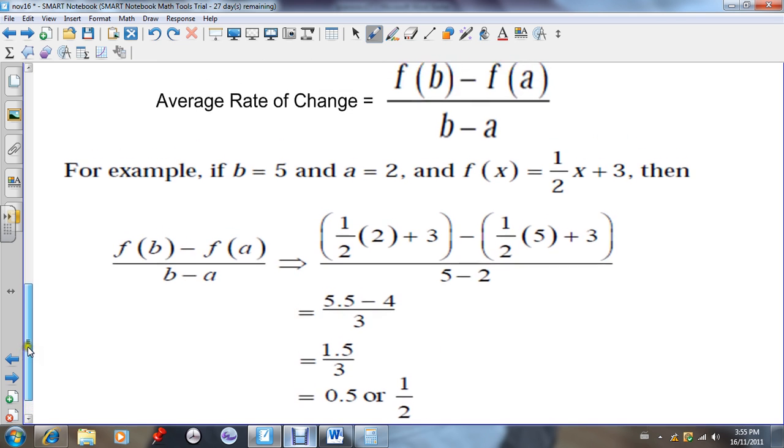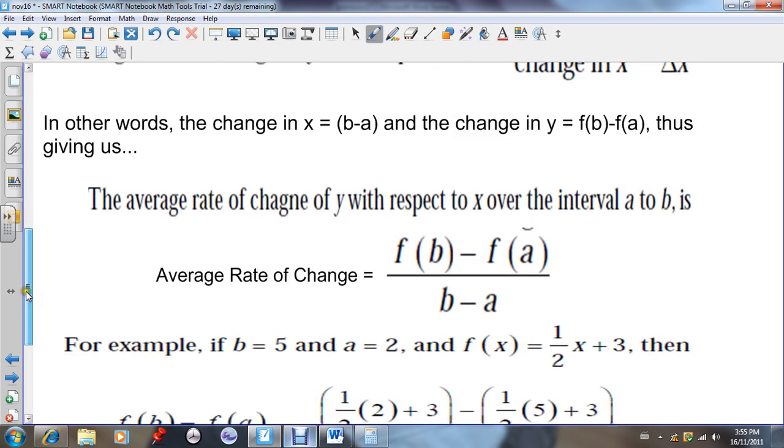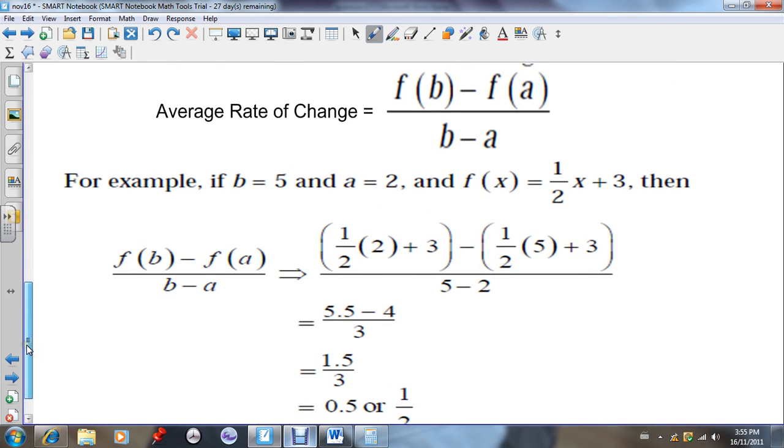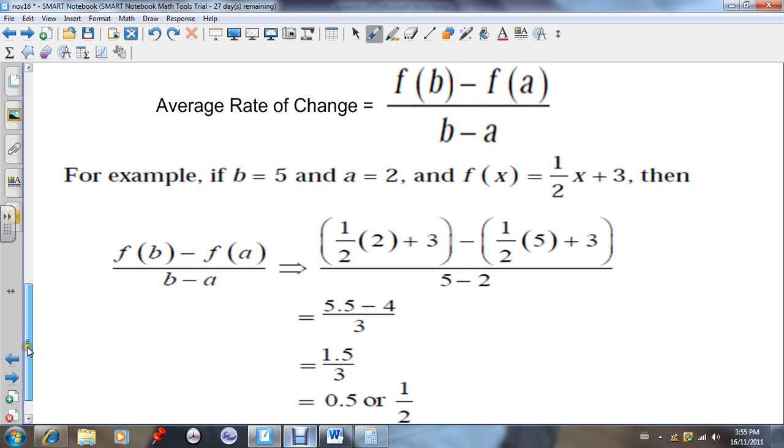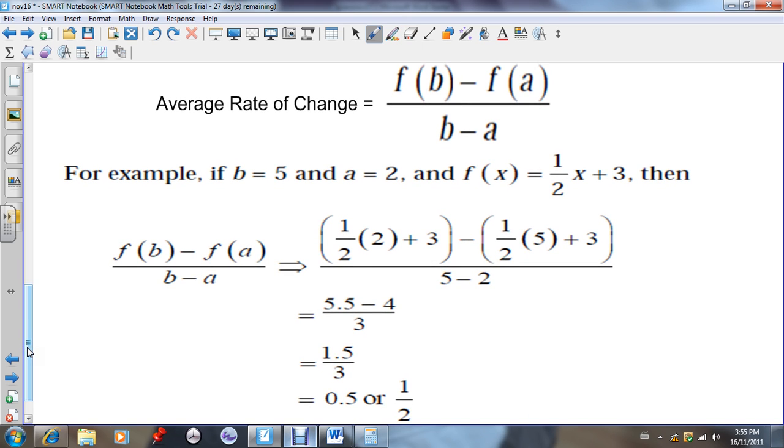Now, for example below, if I'm going too fast, ladies and gentlemen, please go back and rewind and write this stuff down, okay? Now, for example, let's find the average rate of change if b is 5 and a is 2, and our function f of x is 1/2 x plus 3.